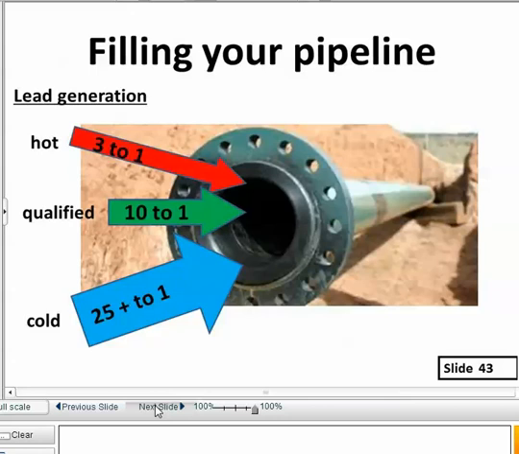And once we get them hot, if you will, it may take 3 really hot people to finally close the sale, especially if you're dealing with an expensive product that requires a lot of thinking about whether or not they're going to commit to it. You may have to have a lot of cold contact in order to generate that one final sale.